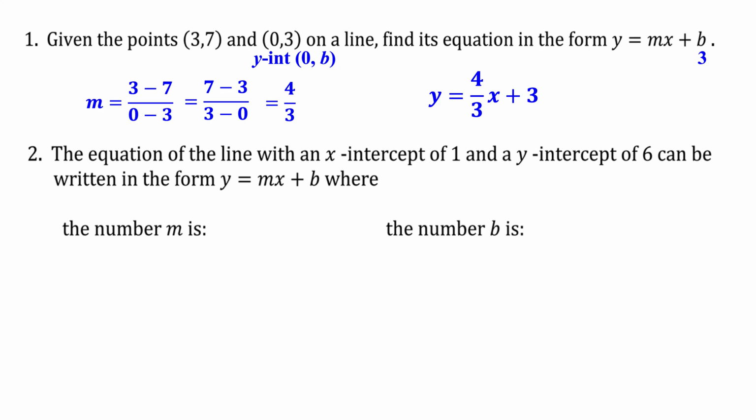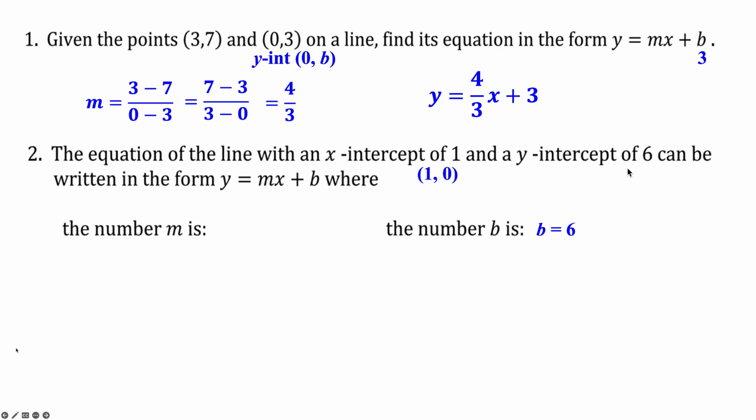Okay, number 2, the equation of a line with an x-intercept of 1 and a y-intercept of 6 can be written in the form of y equals mx plus b, where we've got to find the slope and we've got to find the b. Well, since the y-intercept was already given to us, that's your b, so b equals 6. To find my slope, we take your x-intercept, that's 1 comma 0 for a point.